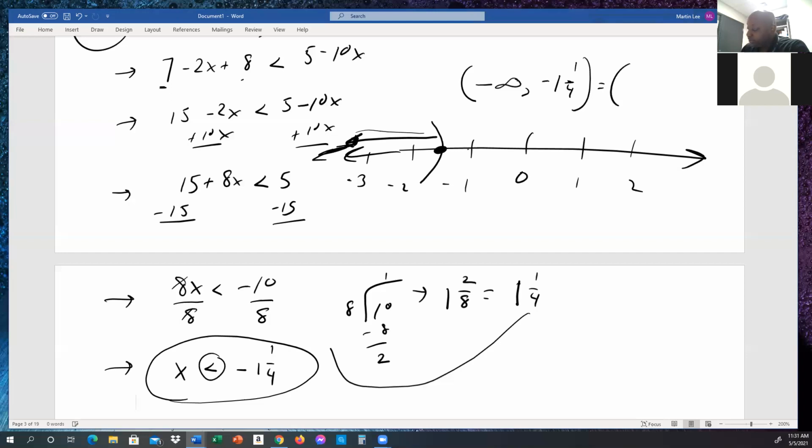And we can just rewrite this so that it's negative infinity, comma, negative, and we can change this mixed number to an improper fraction. 4 times 1 is 4 plus 1 is 5, and my denominator is still 4.